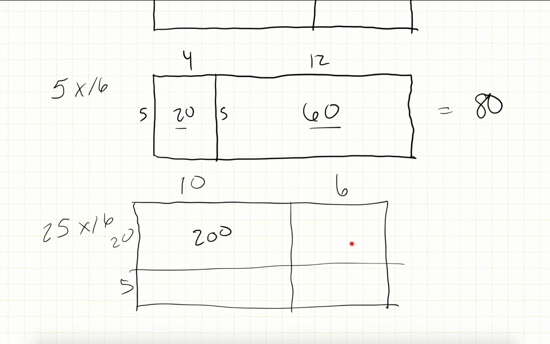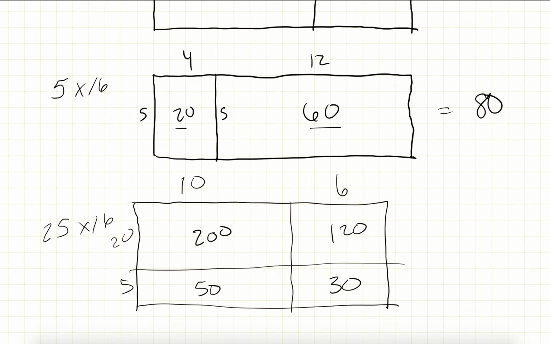And then I have to find the area of this box. 20 times 6 is going to be 120. Then I have 10 times 5 to make the area of this box, which is going to be 50. And in this box here, I have 5 times 6, which is 30.